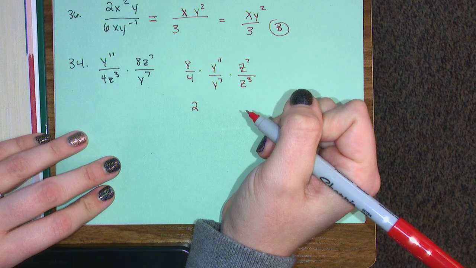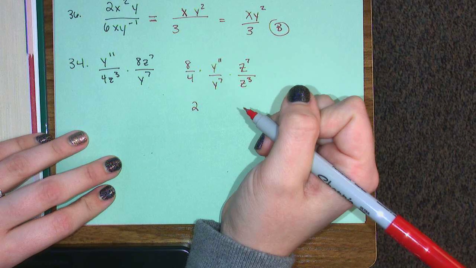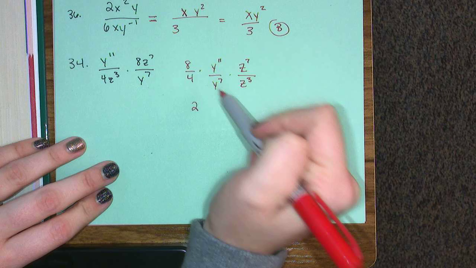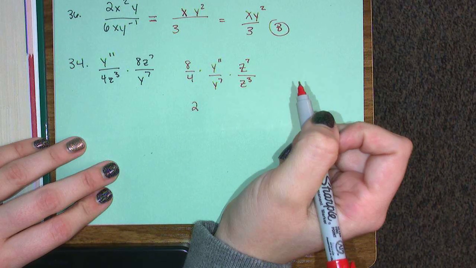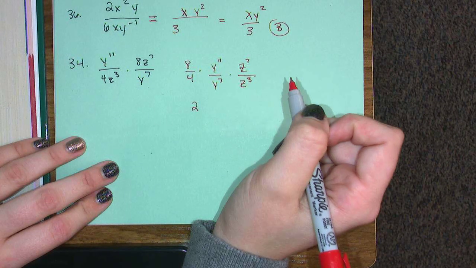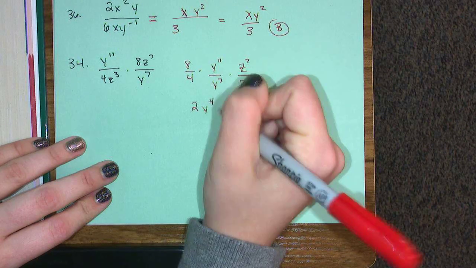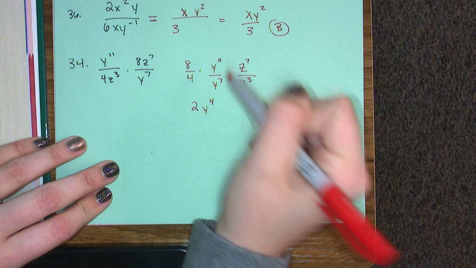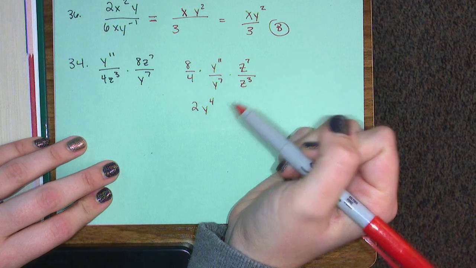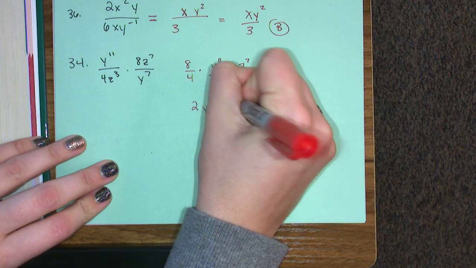Okay, so 8 over 4 is 2. 8 divided by 4 is 2. What's happening to my y's? Okay, so y to the 11 minus 7, and then z to the 4th, because z to the 7 minus 3 is z to the 4th.